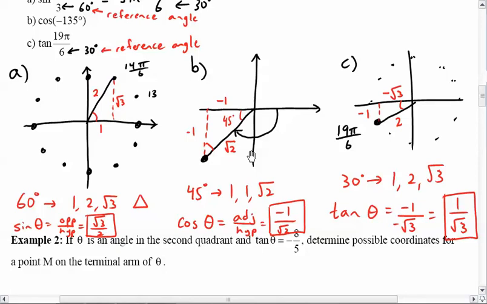So the 1 is negative, the root 3 is negative, so those two negatives cancel. Okay, and I can also use CAS to do that. All students take. I know that tangent's going to be positive there, so that just confirms that my answer is correct.